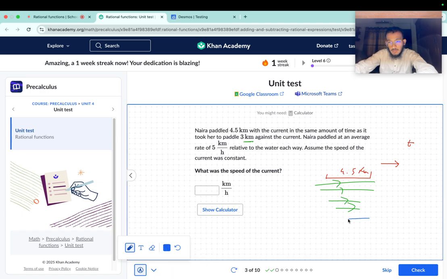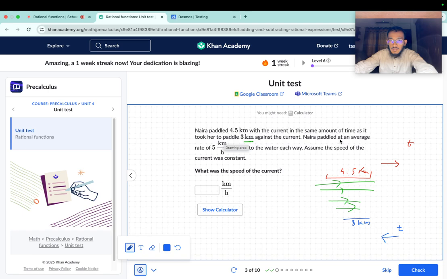However, when she went against the current, she was only able to paddle 3 kilometers.